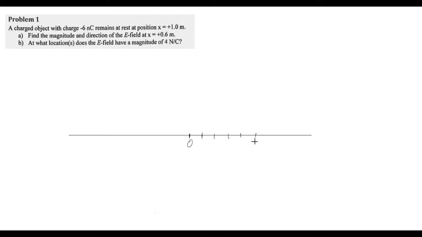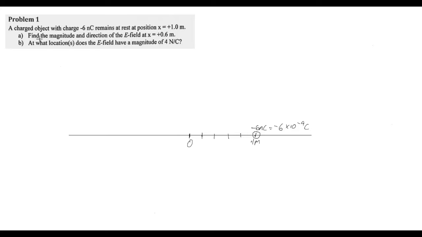This is the positive 1 meter mark, and there is a charge here of -6 nanocoulombs. Nanocoulombs means -6 times 10 to the -9 coulombs, so for later, when we're doing all this math, we'll need to keep that in mind.